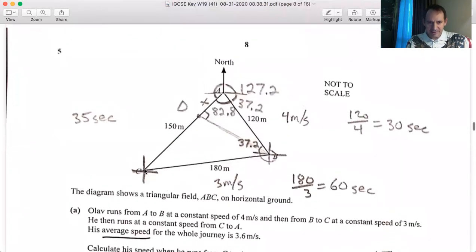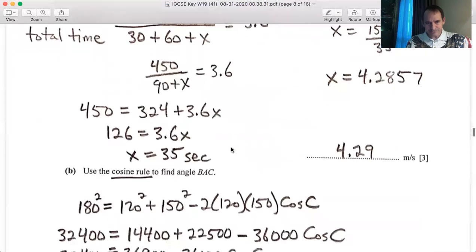So C from A, meaning we're starting from A, and you always start with north and you go clockwise until you're facing C. So from north, from right here, going around clockwise, this total amount right here is 210. And we already know the 82.8 now.